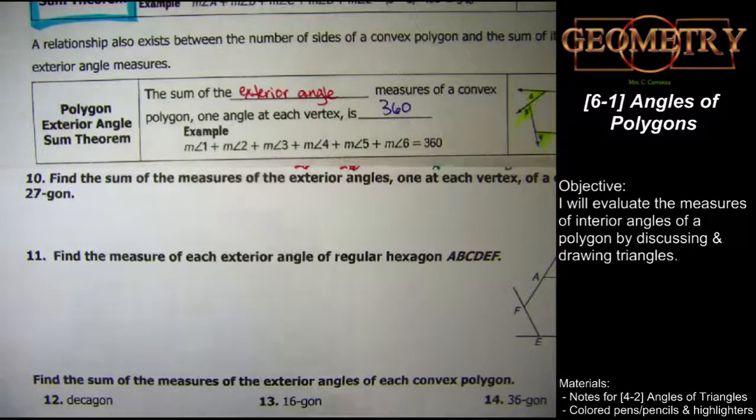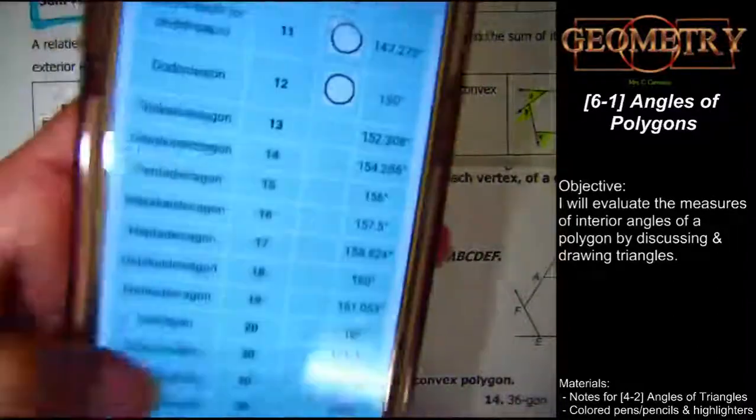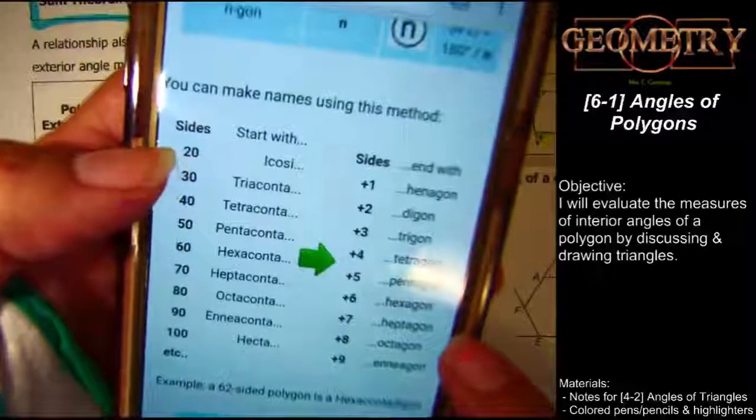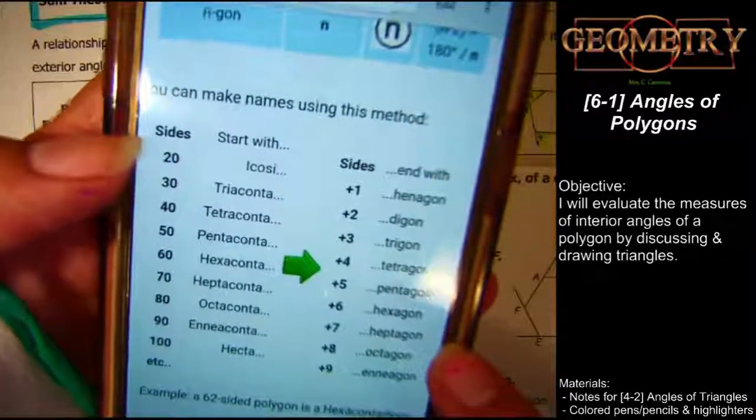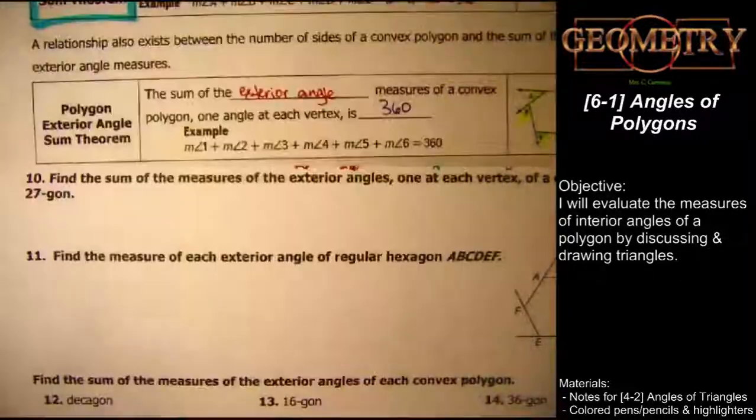And it's because no one wants to go into this chart and go 27 and icosaheptagon. Like no one wants to go there. So then we just gave up and we went 27-gon. Okay. Exterior angle sum, 27-gon.